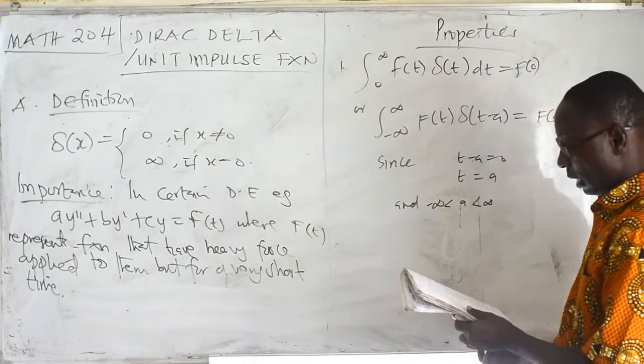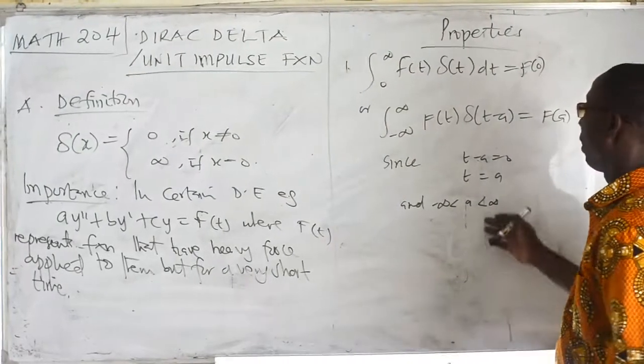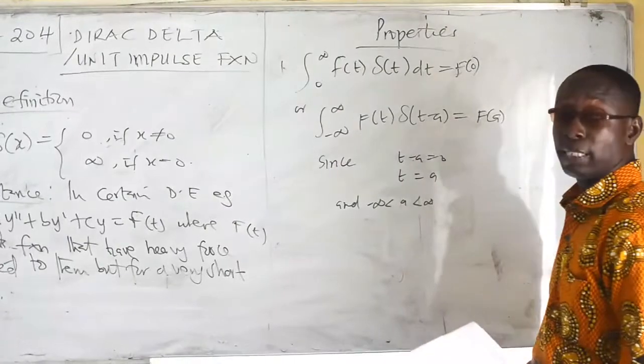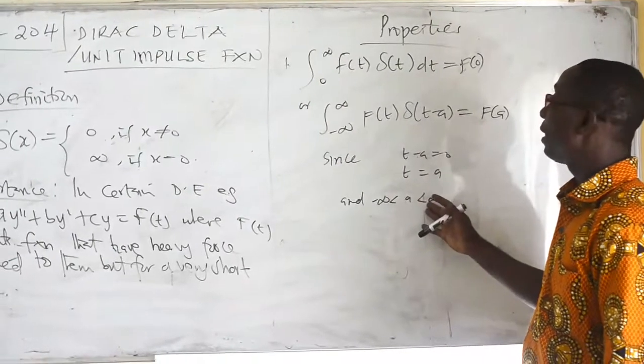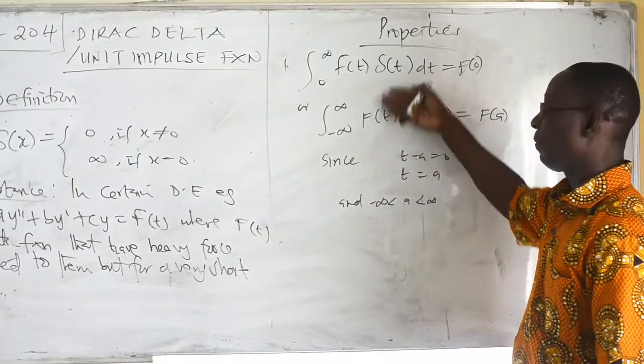The first property that we will consider, and possibly the only property you will consider, is this. Now look at this carefully. This is more specific, this is more general.